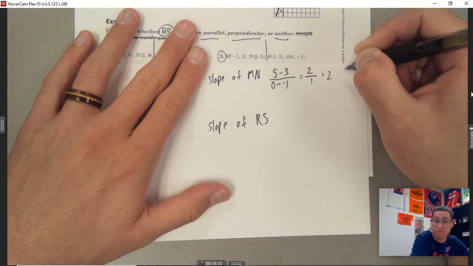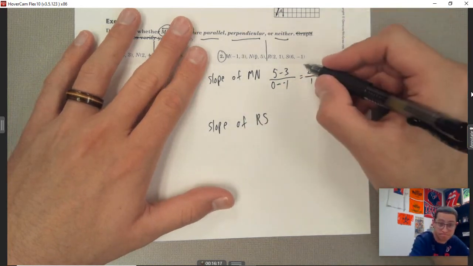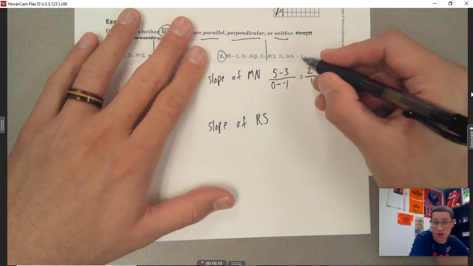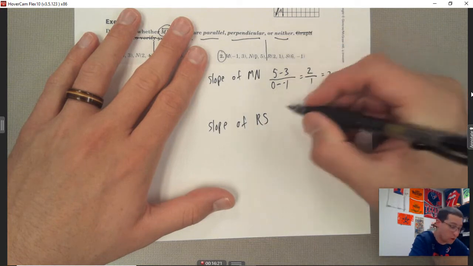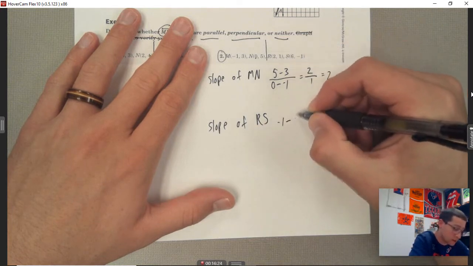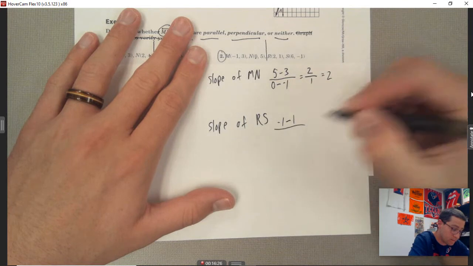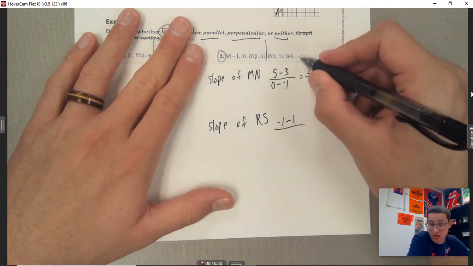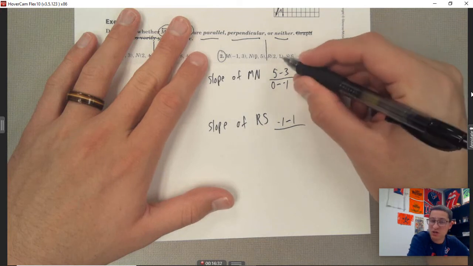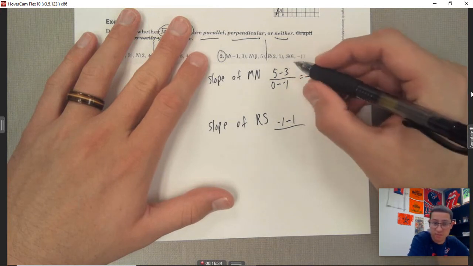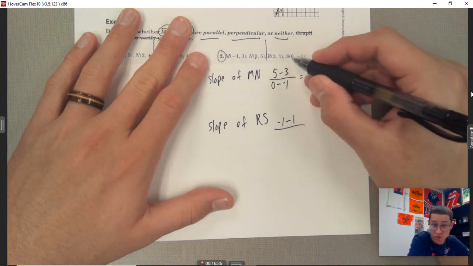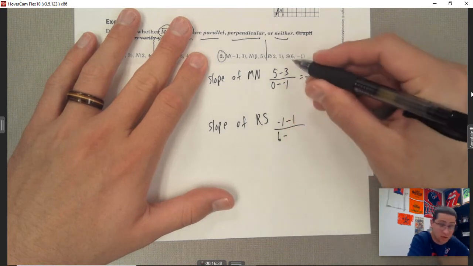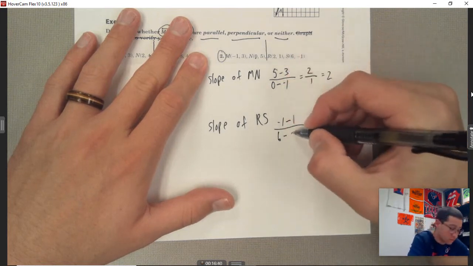That's my slope. Slope of RS. Negative 1, that's my y2, y2 minus y1. Start off with the negative, so that's why it's always easier to subtract a positive. Anyways, x2, 6, minus x1, 2.